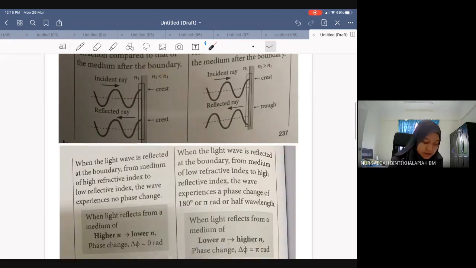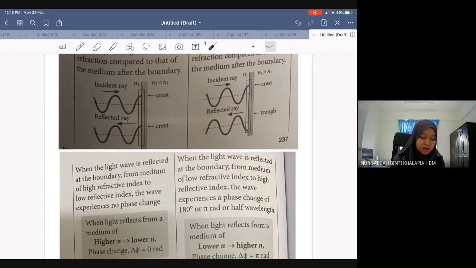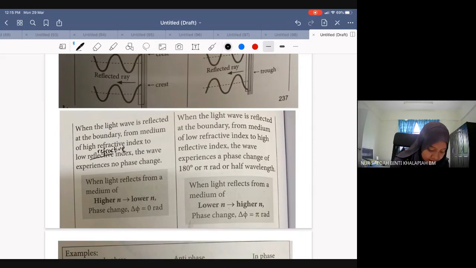So it means that when light is reflected at a boundary from a medium of high refractive index to a medium of low refractive index, there is no phase change. The phase change of the light wave is zero.